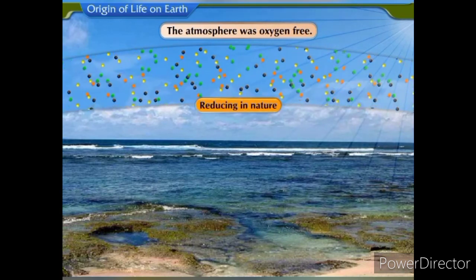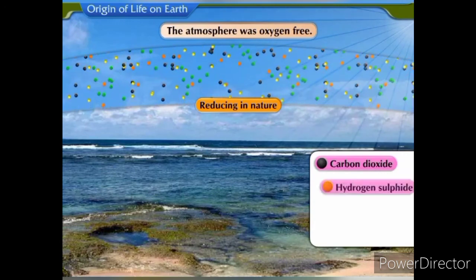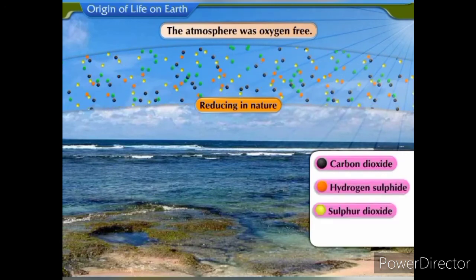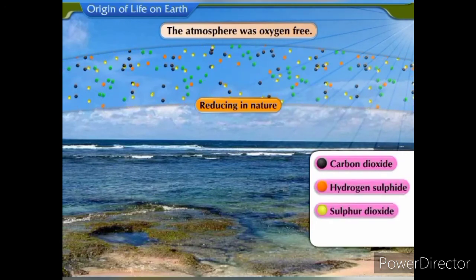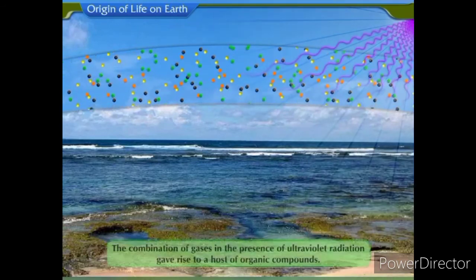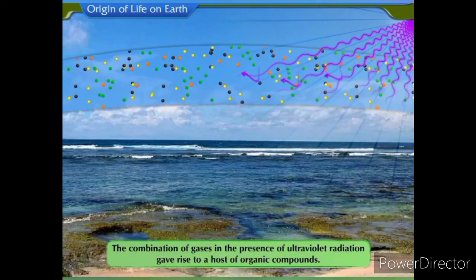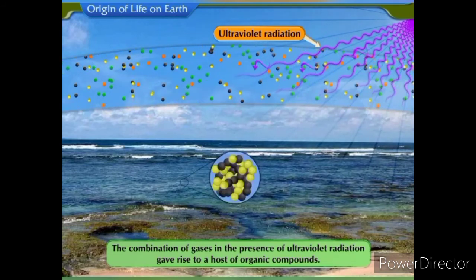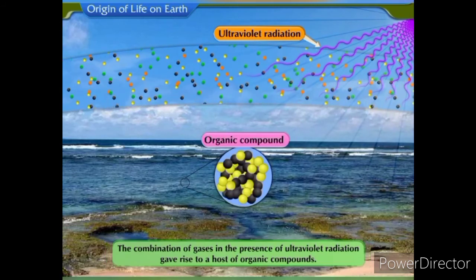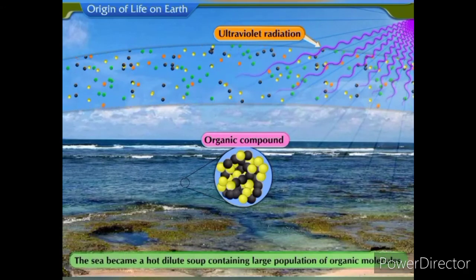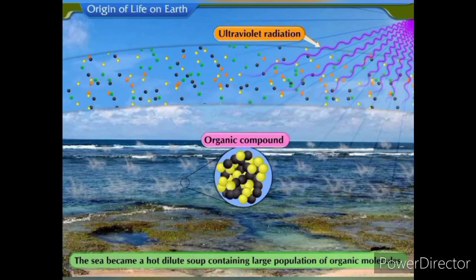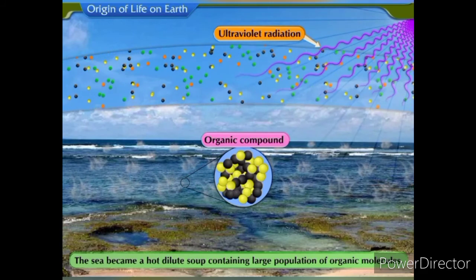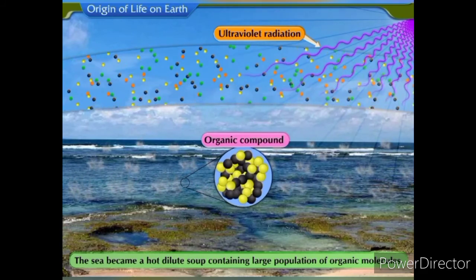It was rich in gases like carbon dioxide, hydrogen sulfide, sulfur dioxide, and ammonia. The combination of these gases in the presence of ultraviolet radiation gave rise to a host of organic compounds. The sea became a hot, dilute soup containing large populations of organic molecules.